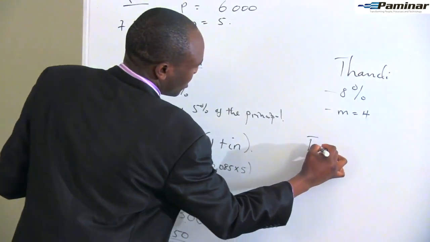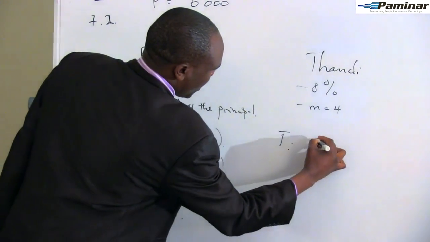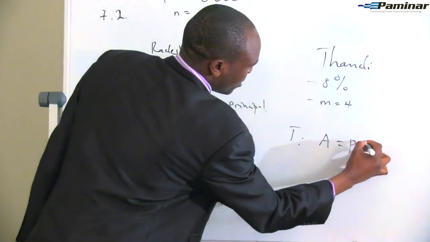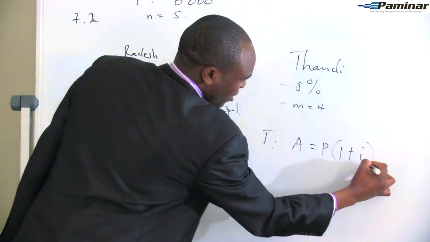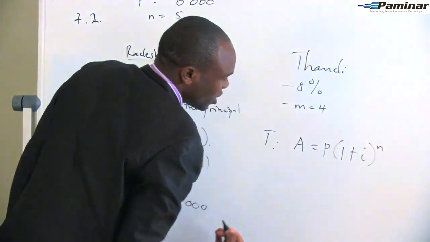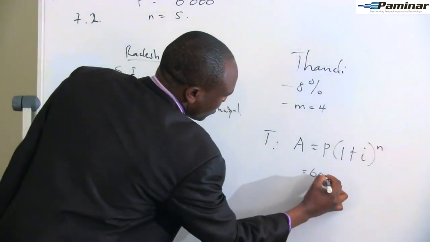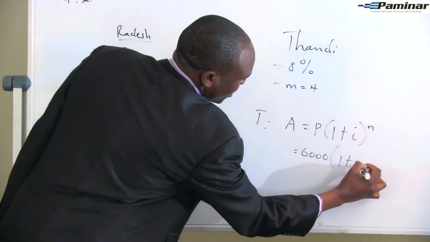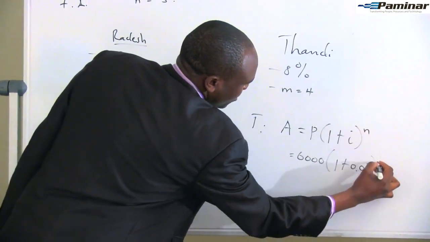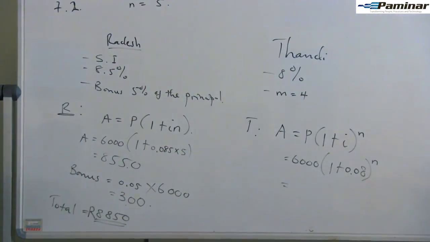So for Tandi, we say A is equal to P(1 plus i) to the power N. So now we're looking for the future value. So A is P, 6,000, 1 plus, what is our i? 0.08, to the power N. Punch in your calculator. What are we going to get?